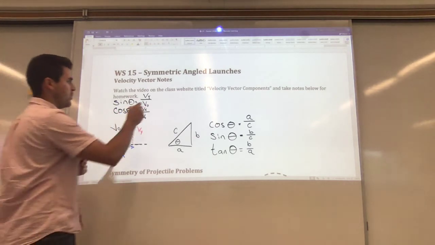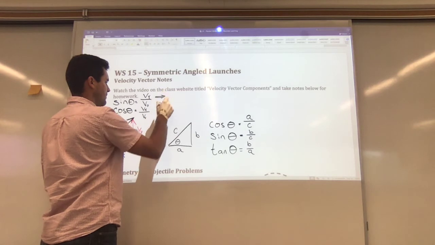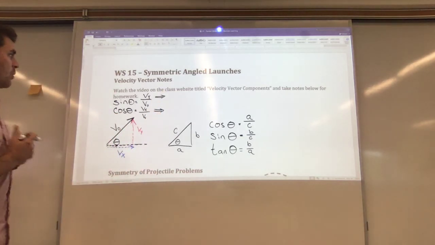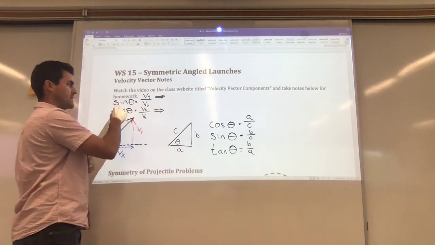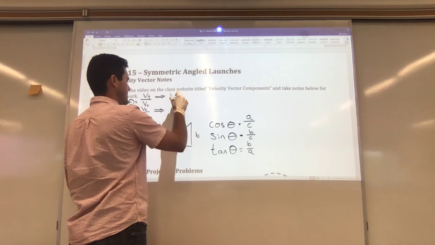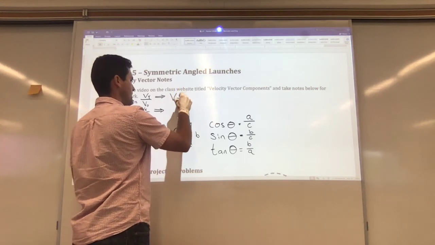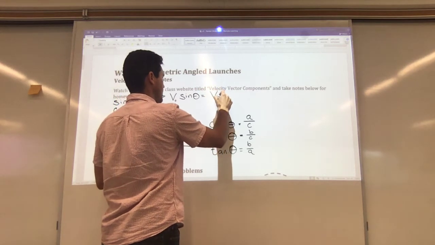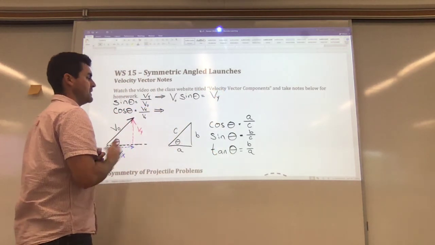This is great, but I want to write them in a little bit more useful way for us. So I'm going to use a little algebra to rearrange them. Instead of sine theta equal to Vy over V0, I'm going to write these like this. V initial times sine theta equals the velocity in the y direction, initially.